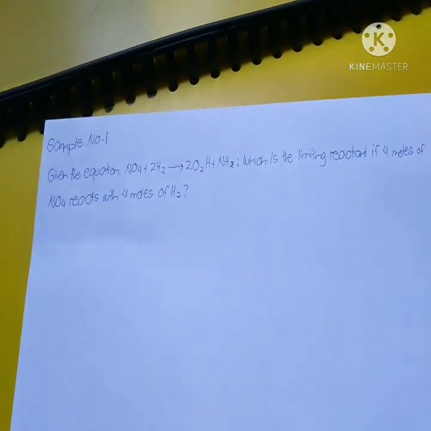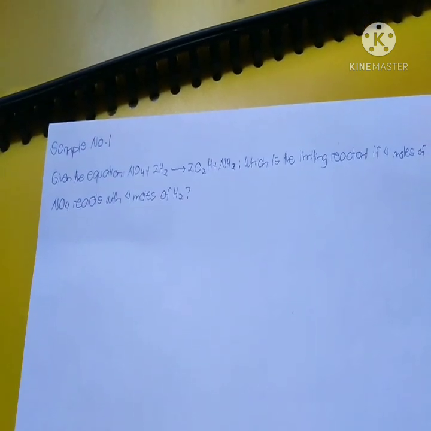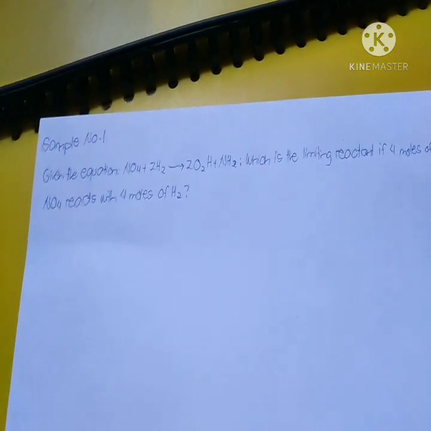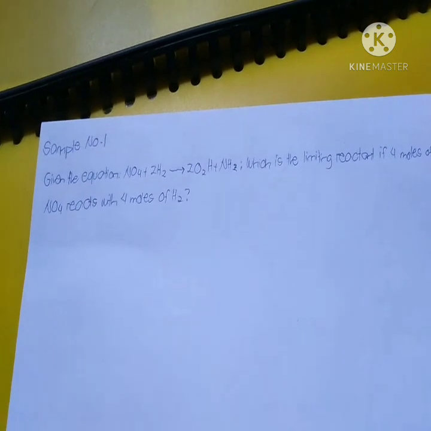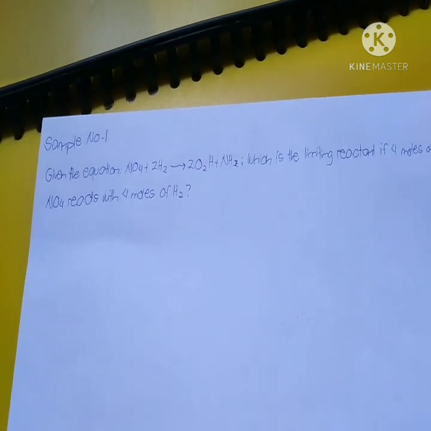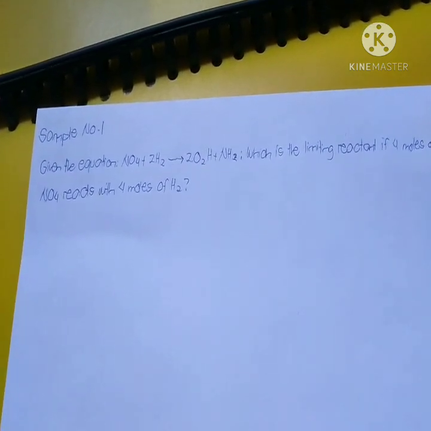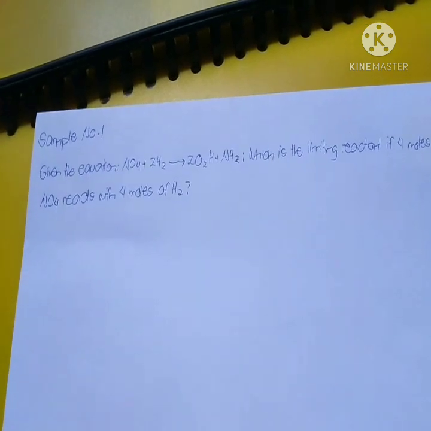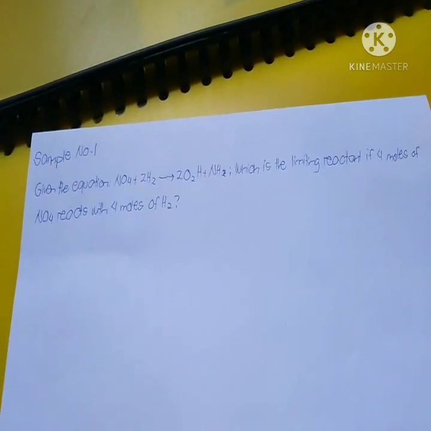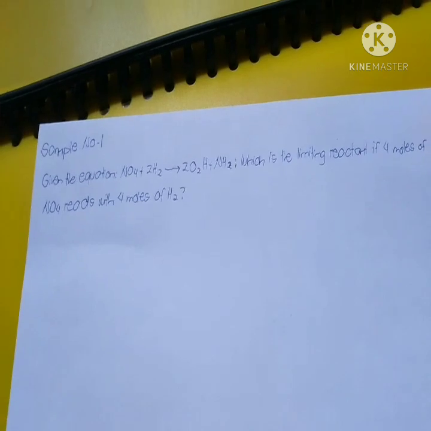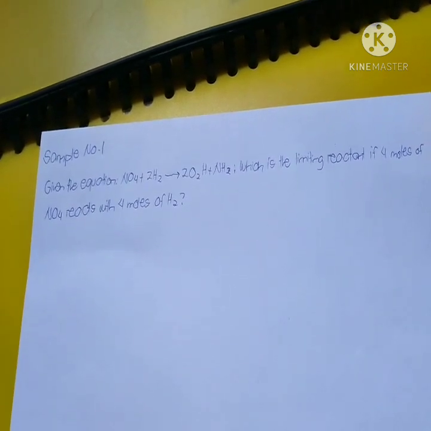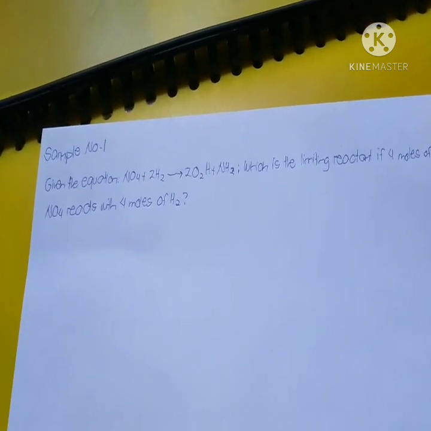So the first sample problem, number 1, is: given the equation N2O4 + 2H2 → 2H2O + N2H2, which is the limiting reactant if 4 moles of N2O4 react with 4 moles of H2?